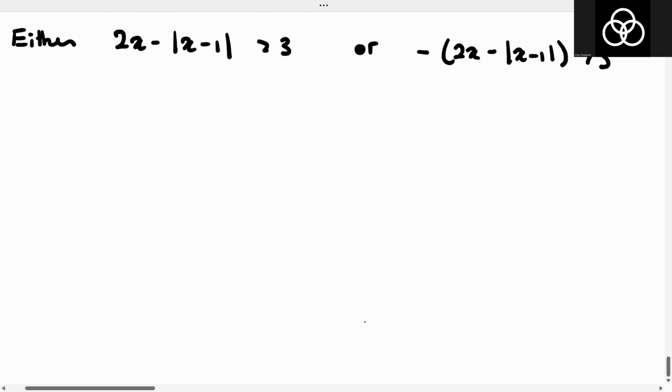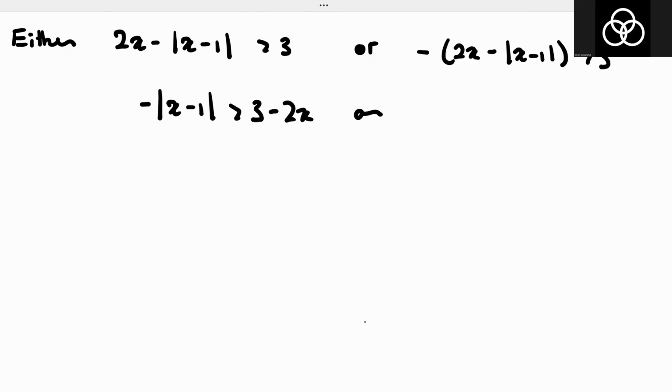So let's make the absolute value of x minus 1 the subject. So minus |x − 1| is greater than 3 minus 2x, or, we flip the signs, less than minus 3.